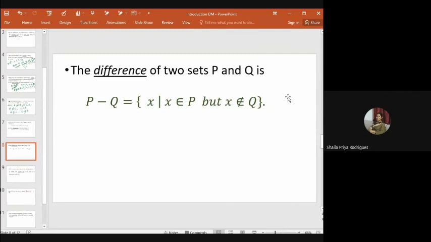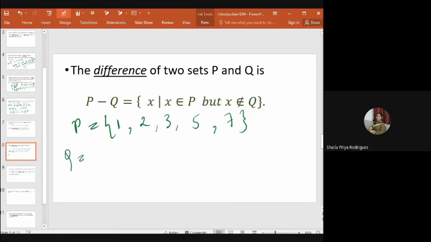Give an example again. So P is 1, 2, 3, 5, and 7, and Q is 2, 5, and 7. All right.